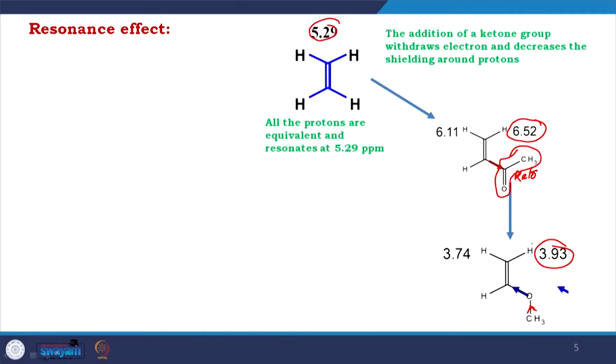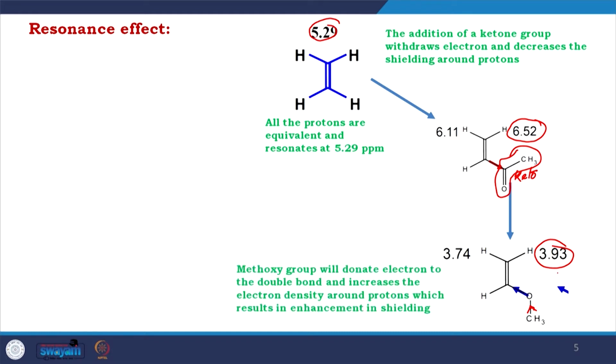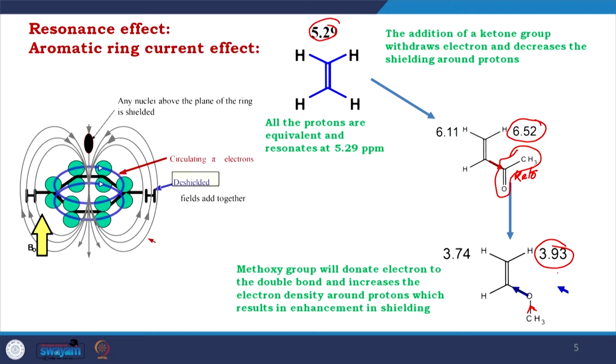So, definitely the chemical shift decreases. It reduces from 6.5 to now 3.93, or you could say from 5.29 to 3.93. So, the methoxy group donates electrons to the double bond and increases the electron density around the protons, which results in enhanced shielding.